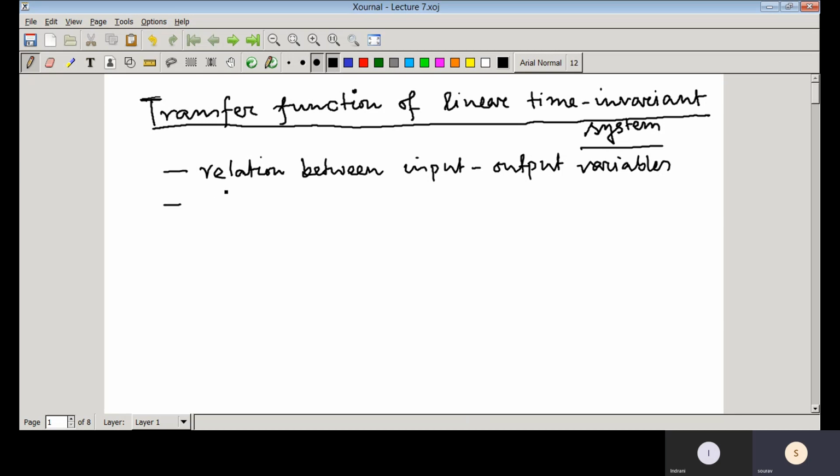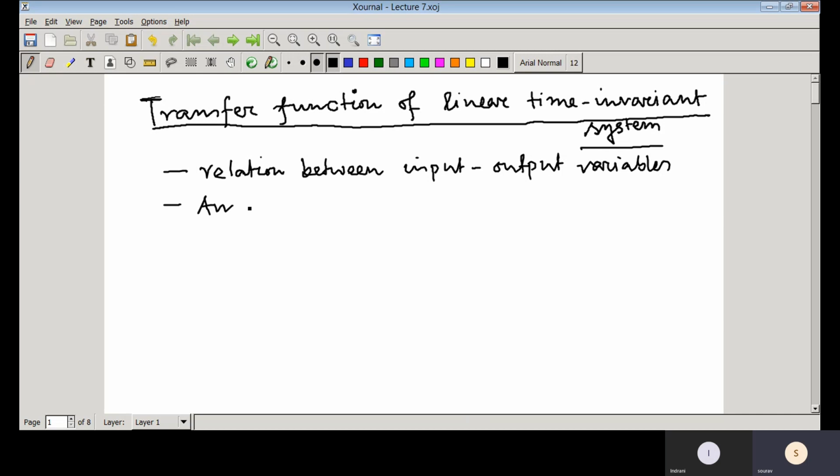It is applicable only for linear time invariant systems, that is LTI systems, when the input is unit impulse. Then we can characterize an LTI system by its output response.